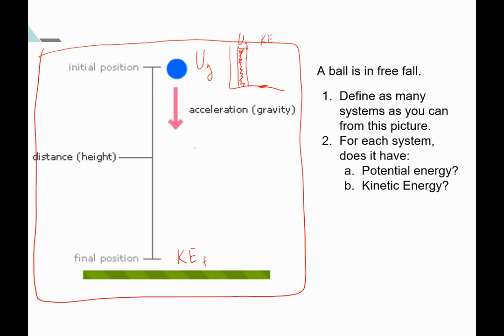Now, when you're at this point, half of your gravitational potential energy has been converted to kinetic energy. So you're at about the halfway point between kinetic energy and gravitational potential energy. And then down here, you have all kinetic energy. So all your potential energy has been converted to kinetic energy.